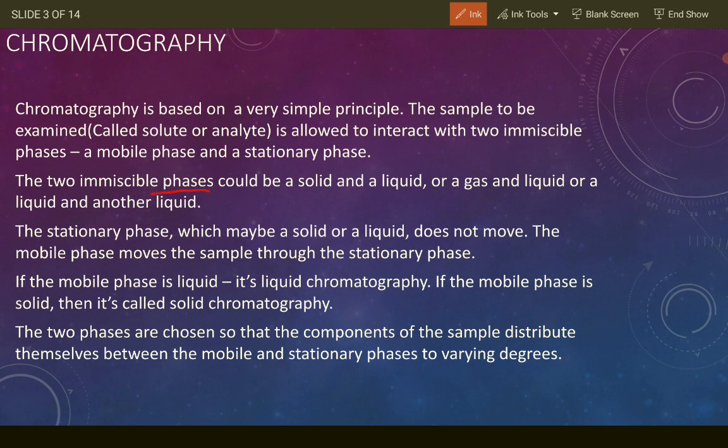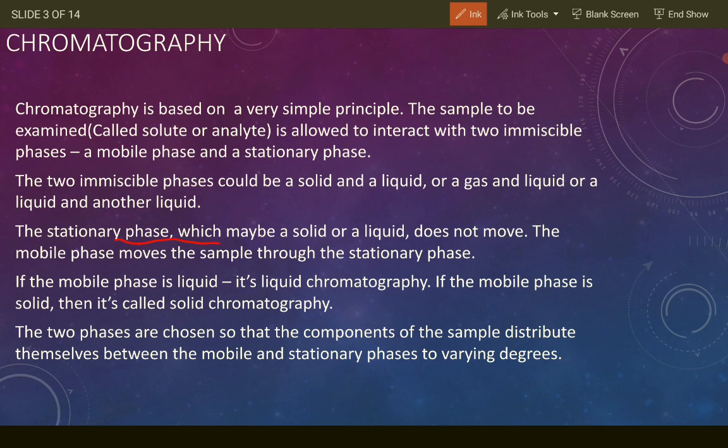The two immiscible phases could be a solid and a liquid, or a gas and a liquid, or a liquid and another liquid, right? So it could be a solid and a liquid, which means that the stationary phase will be solid and the mobile phase will be liquid, or it could be gas and liquid where the mobile phase is gas and liquid is the stationary phase, or it could be where both the stationary and the mobile phase are liquid.